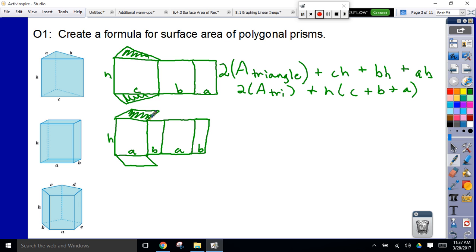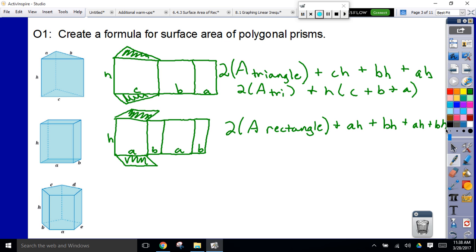Okay, now we have the two rectangles on top. So we're going to need to find 2 times the area of those rectangles on top, plus now we have 4 lateral faces that we have to find the area of. We're going to have A times H, and then B times H, and then A times H again, and B times H again.